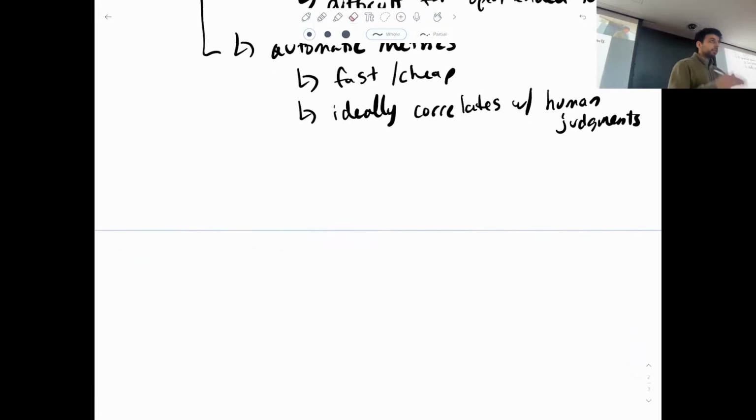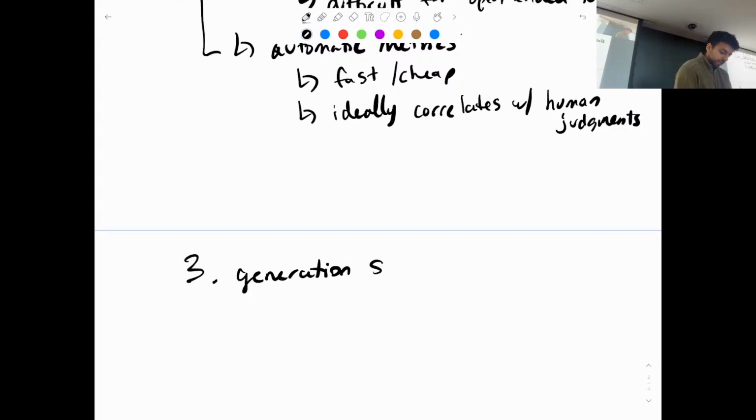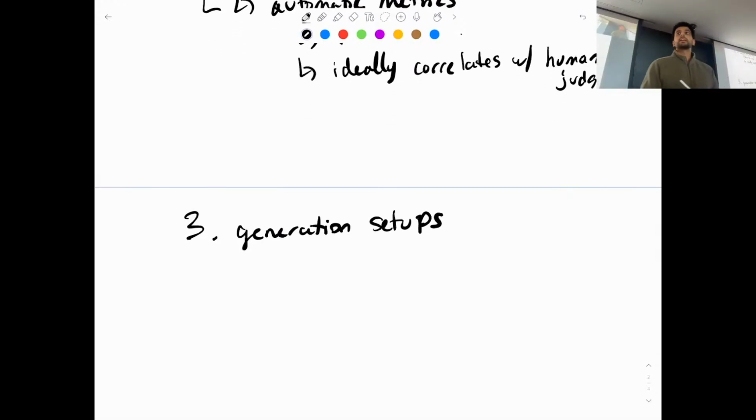Okay, so before we get too much more into depth on different types of metrics, the last thing is that most benchmarks require a protocol or setup for generation of responses. This means everything from decoding time hyperparameters.